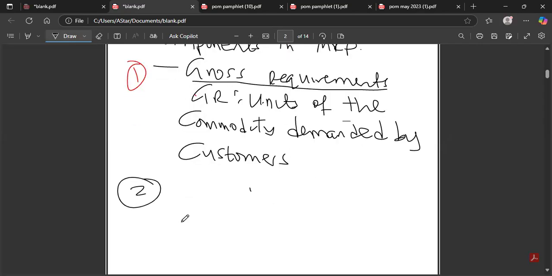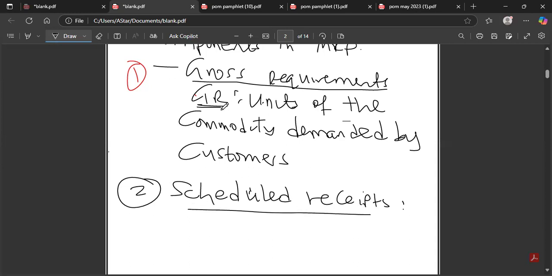Then you have the second one, scheduled receipts, SR. So this one is GR.